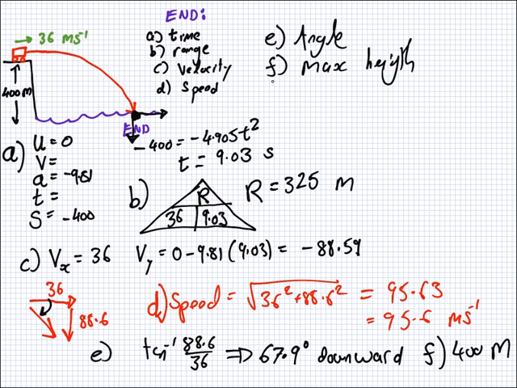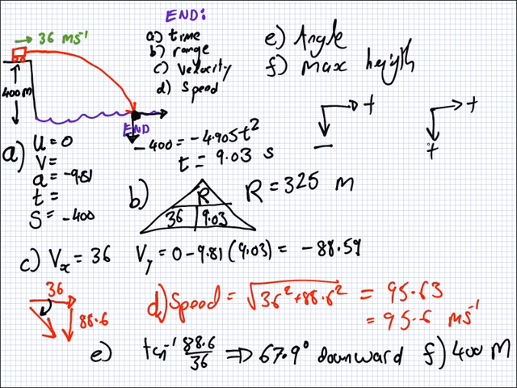I'm kind of confused about the sign, when it's positive and when it's negative. You actually have a choice. What I did was I said right is positive and down is negative, whereas some of the students here said right is positive and down is positive.